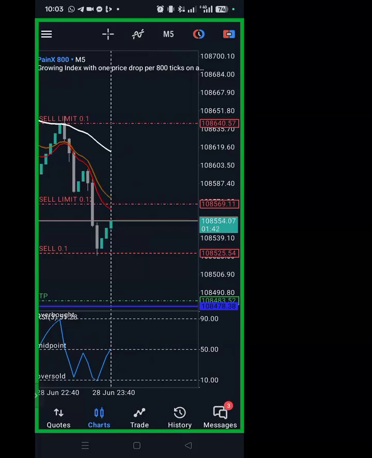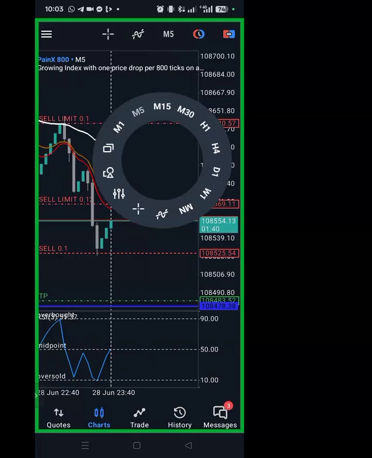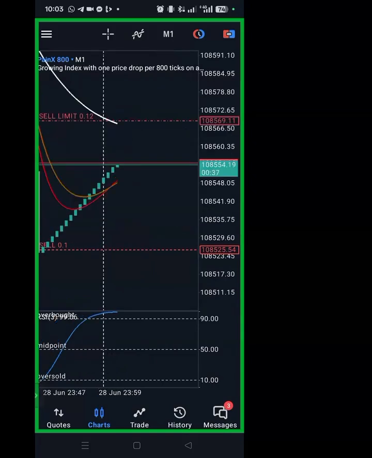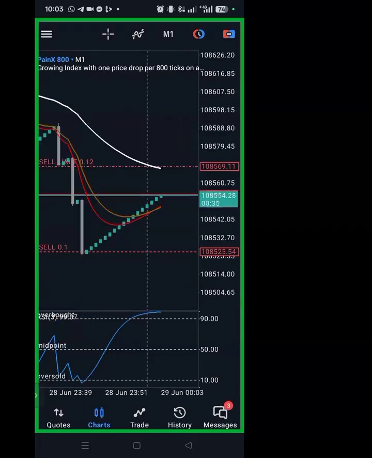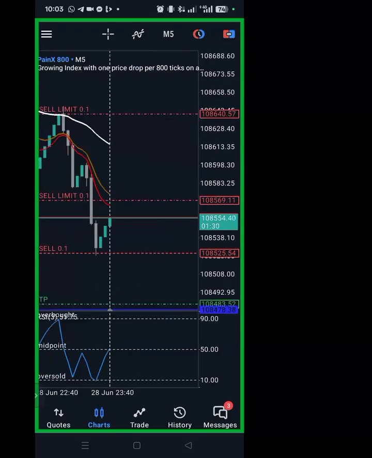You see, in the 1 minute time frame, I set the sell limit at the 50 moving average, while on the 5 minutes, it's actually sitting at the fast moving average, which is these ones, the 13 and the 9 moving average.